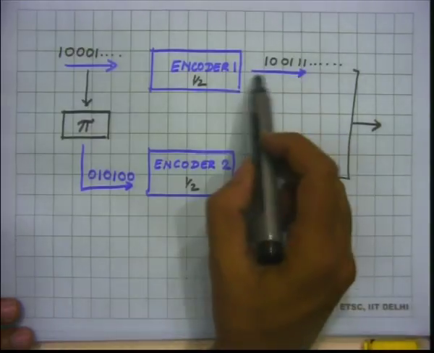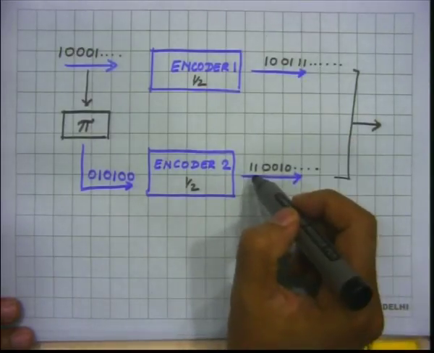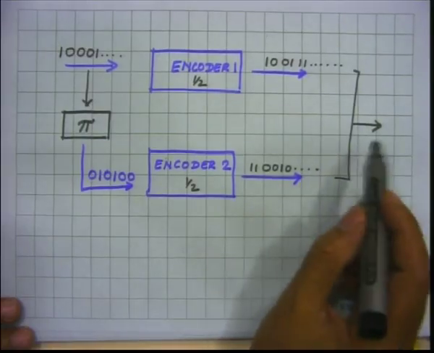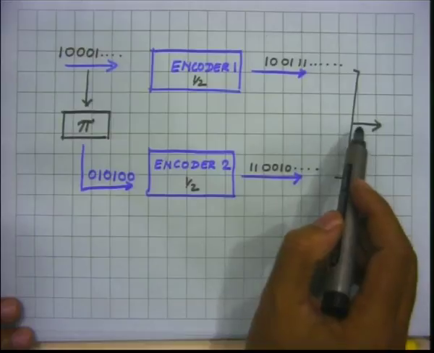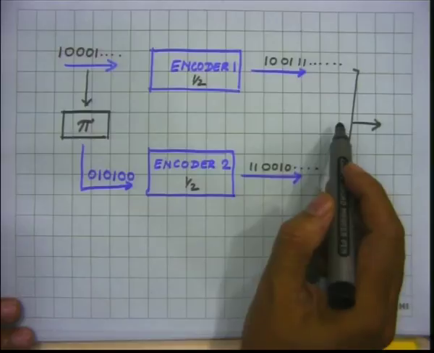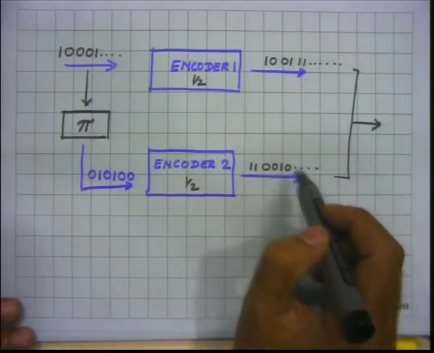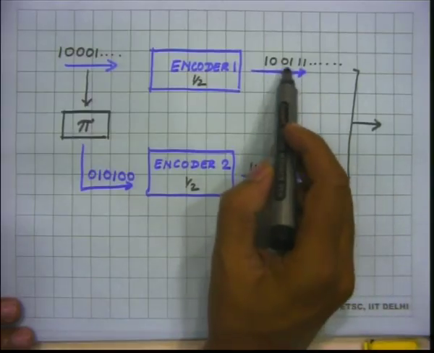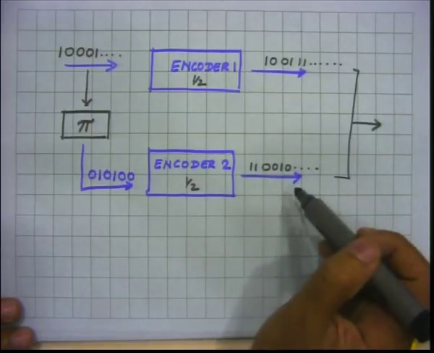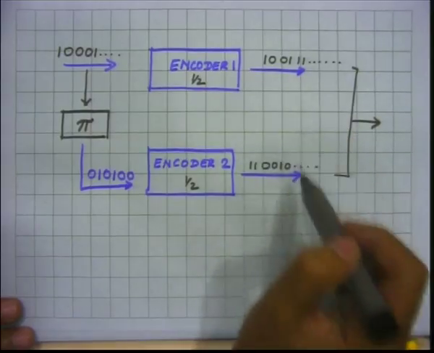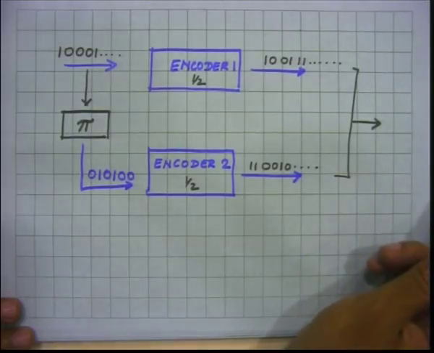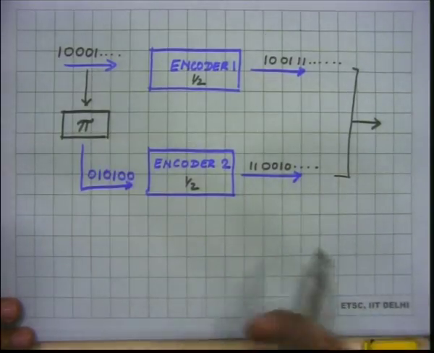A low weight path gets combined with a high weight path, and together they balance out, and we do not have a path which has low weight, because the worst case analysis leads to the D free. But there are many paths which are high weight. So, the chances of them combining to lead to a path with a good weight are very high, and that is why a random interleaver just works.